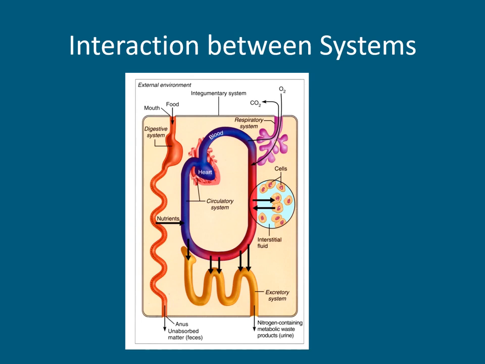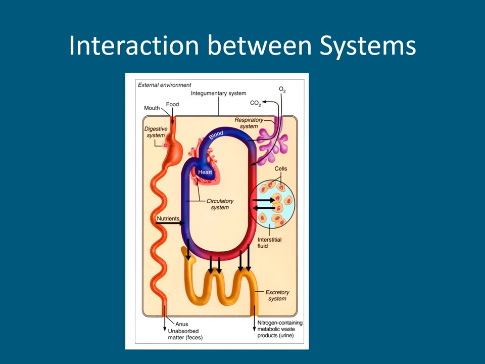So as you can see here on this diagram, it's showing how this interaction takes place, that you have the respiratory system in the lungs where you have this gas exchange occurring, and then oxygen coming into the lungs is then fed into the blood, which is in the cardiovascular system, which is then going to transfer that oxygen all around to the rest of the body. It's picking up carbon dioxide, which is a waste product from throughout the body, and then going to deposit that in the lungs so you can exhale it.